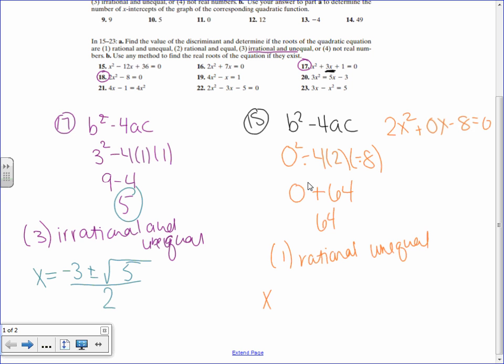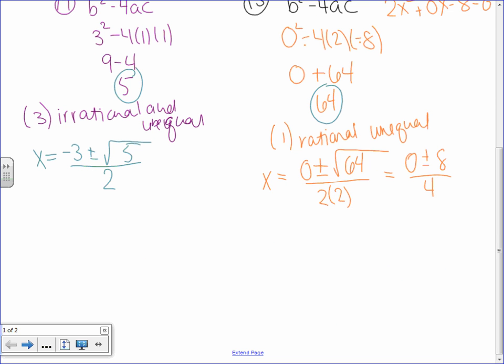And just to further show it, when you go ahead and find the roots, x equals negative b, so negative 0, plus or minus the square root of b squared minus 4ac, that's what you just found, all over 2 times 2. So the answer is going to be 0 plus or minus 8 all over 4.